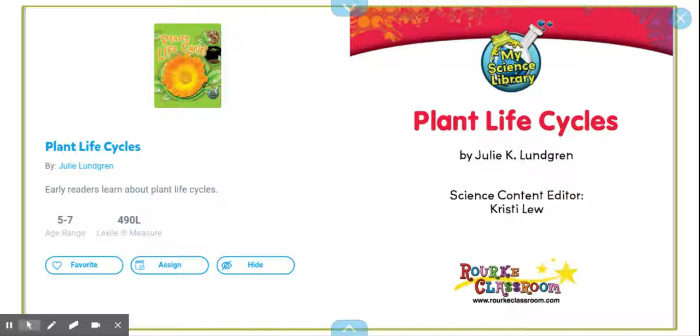And then you can see what things have in common and what questions you have, and maybe try to make some connections as to what the book is all about, what it's telling you about, and the main idea. So I'm going to do that with this book called Plant Life Cycles.